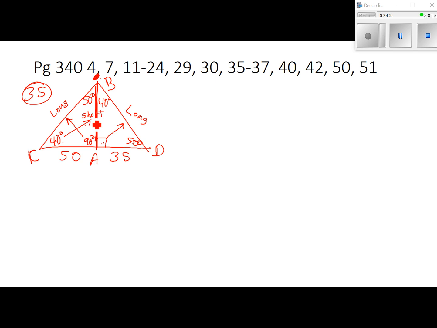So from that, if this side has to be shorter than the other two sides in that triangle, then we know that that distance across the river must be less than 50 meters. That's what we get from this triangle on the left.